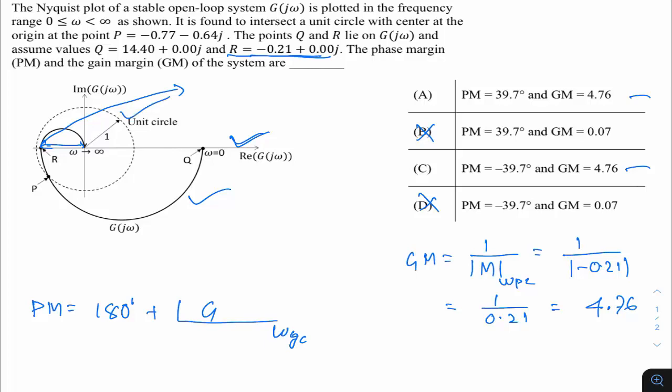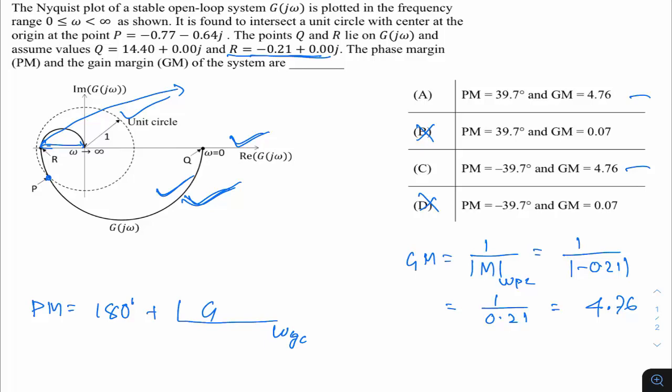You need to check at what particular point the Nyquist plot is intersecting the unit circle. That is this point P. At point P, the black thick line is intersecting the dotted unit circle, which means the magnitude of the transfer function is 1.